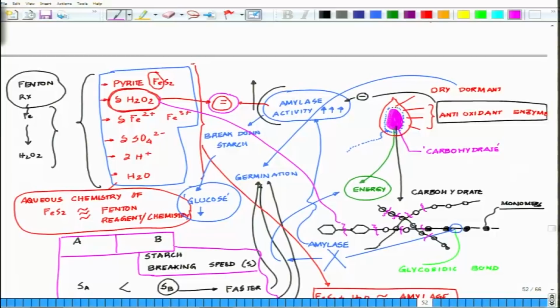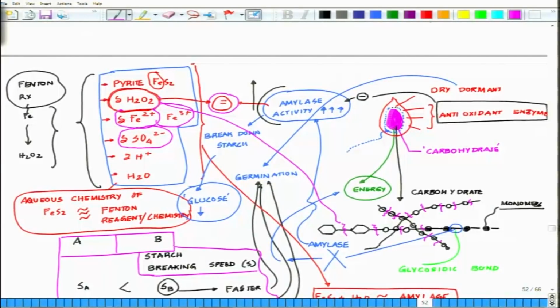So, it is generating reducing sugar far faster than amylase does in a normal process, and by that process it is ensuring a faster germination, and faster germination leads to a faster growth, and in that whole process the plant is getting, as we will proceed further, support from SO4 2 minus, Fe2 plus, Fe3 plus.